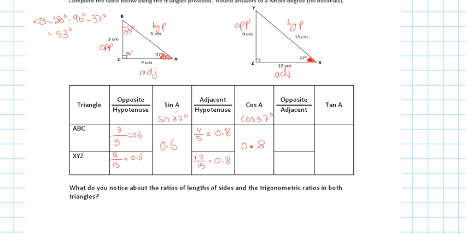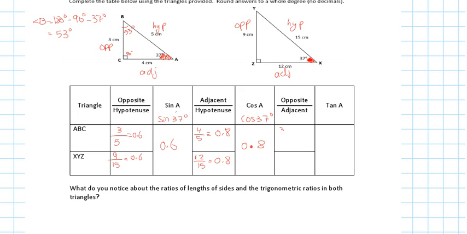How about the opposite versus the adjacent? In triangle ABC, we're going to do opposite over adjacent, so that's 3 over 4. And in triangle XYZ, 9 over 12.